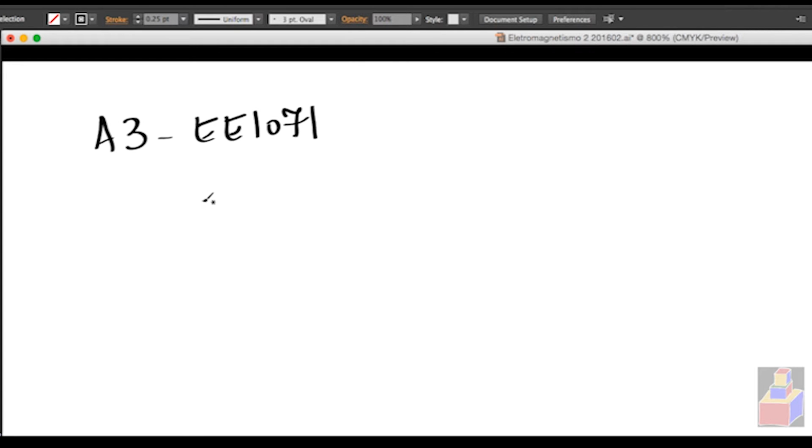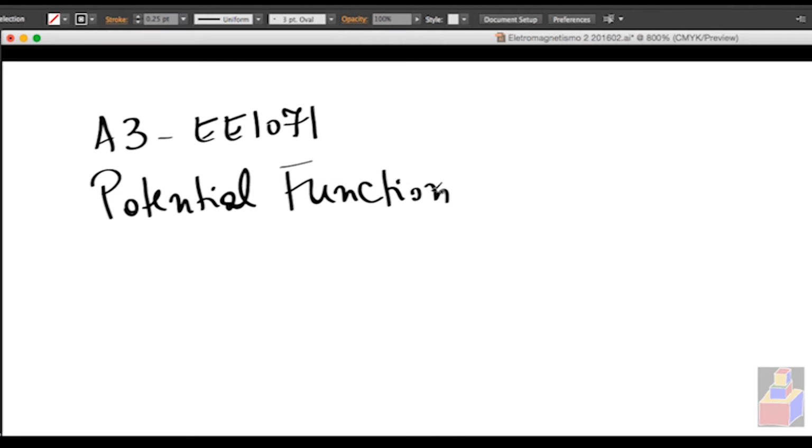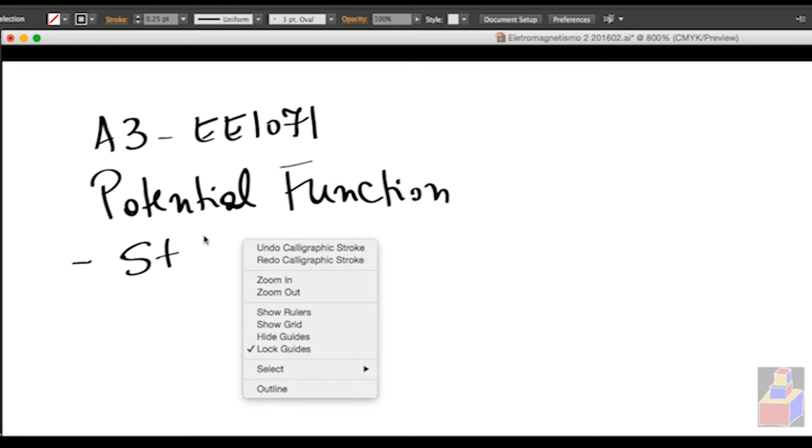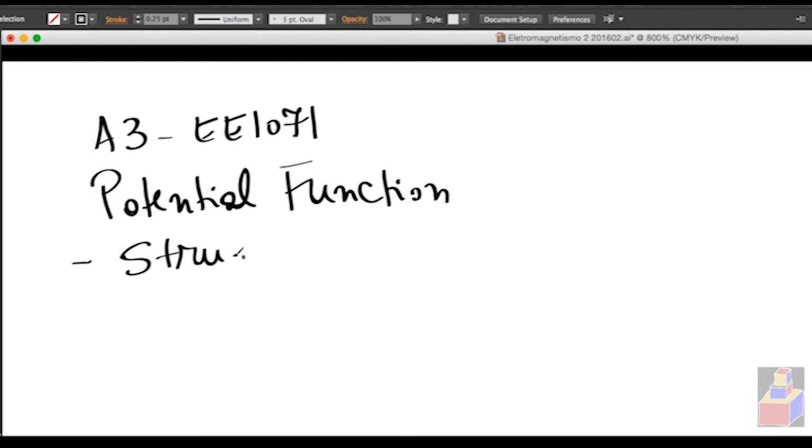So the objective of this class and of this workshop is to use a model function, which is a potential function, as an example for you guys to do structured programming, right?